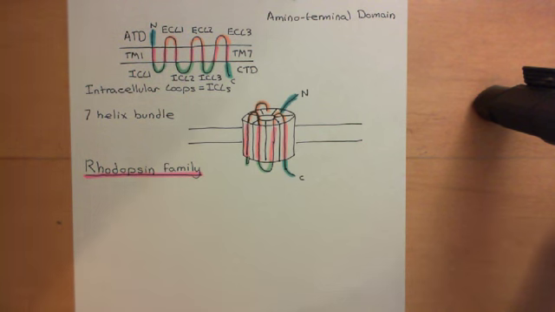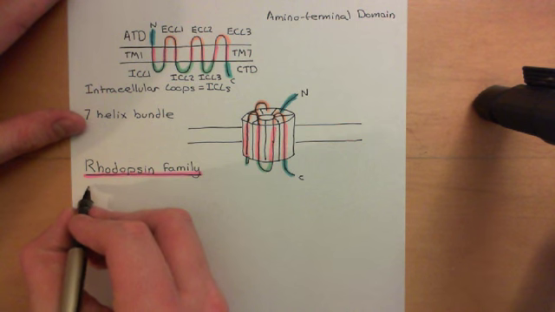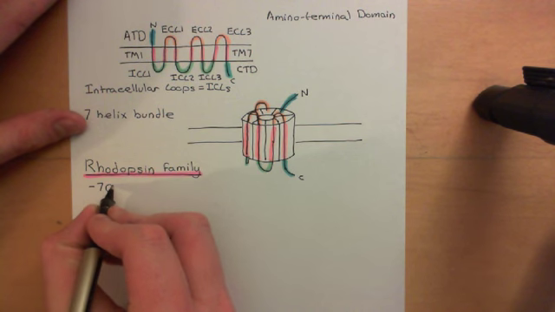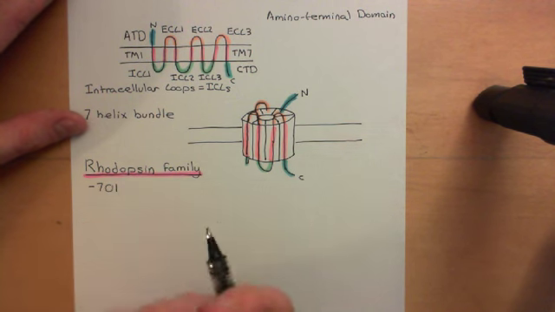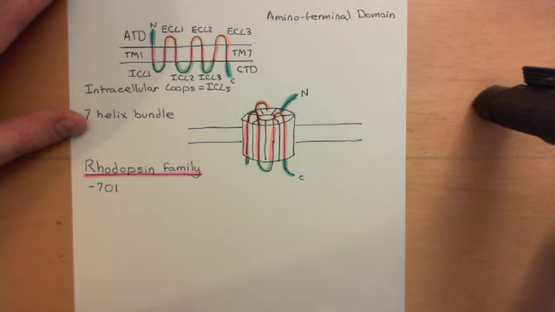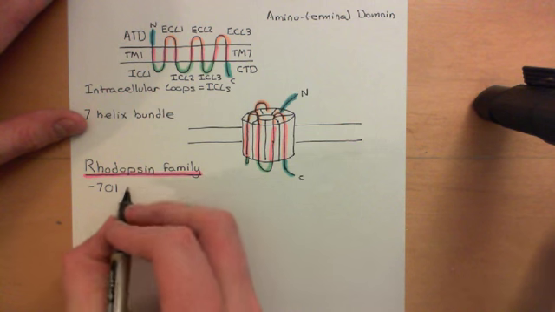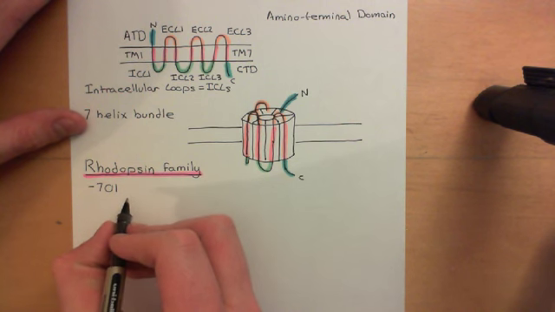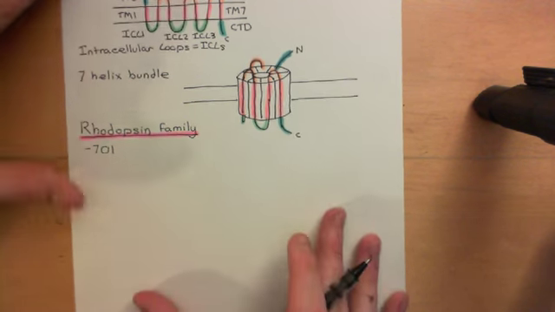This is the biggest family of G protein coupled receptors in humans. It has 701 members. Of the slightly greater than 800 G protein coupled receptors that we have in the entire human genome, 701 of them are in this rhodopsin family.